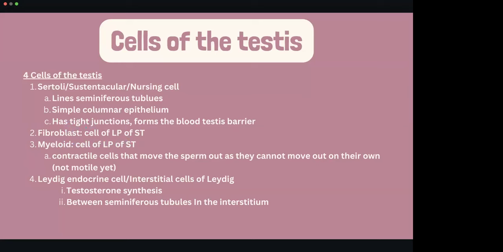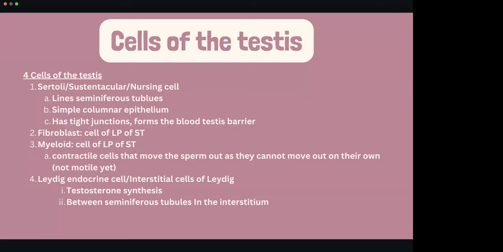Now, this is just a recap, everything for you in one slide: the structure, the function, and their location. Seminiferous tubules, germinal epithelium, Sertoli cells. The function is sperm production and testosterone production, by the Leydig cells that surround them.